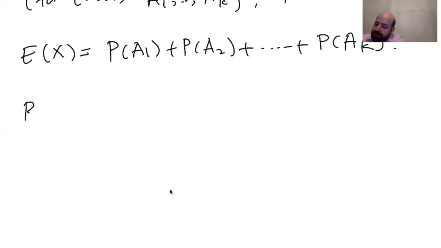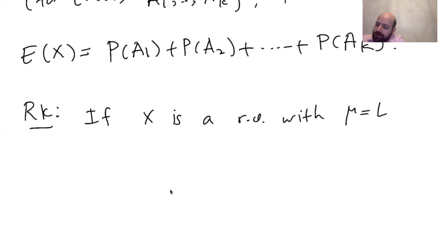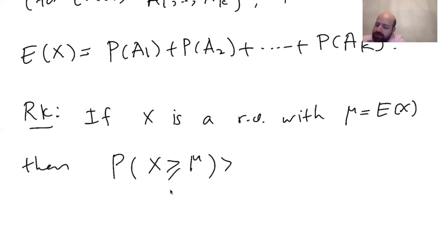Now another result that we need today, again from probabilities, is the fact that if X is a random variable with mu equals E of X, then the probability of X being bigger than or equal to mu is positive, and also the probability of X being less than or equal to mu is positive.